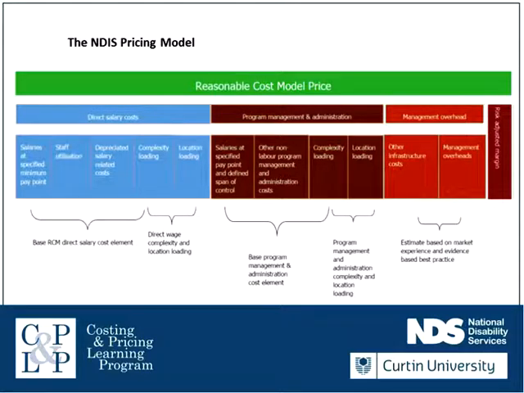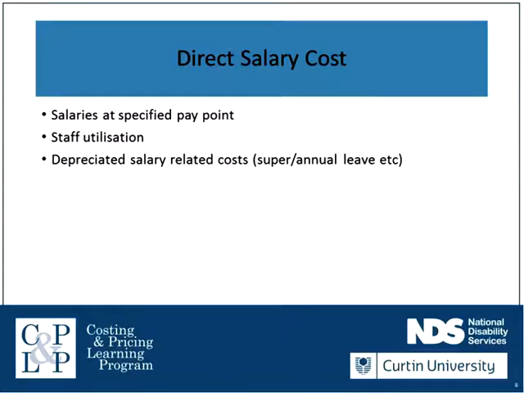The direct salary costs are taken into consideration, the program management and administration costs, so those costs that are associated with keeping that program operating and making sure that the program has all of its administrative requirements taken into consideration, and then the broader management overhead. Let's have a look at some of those components.